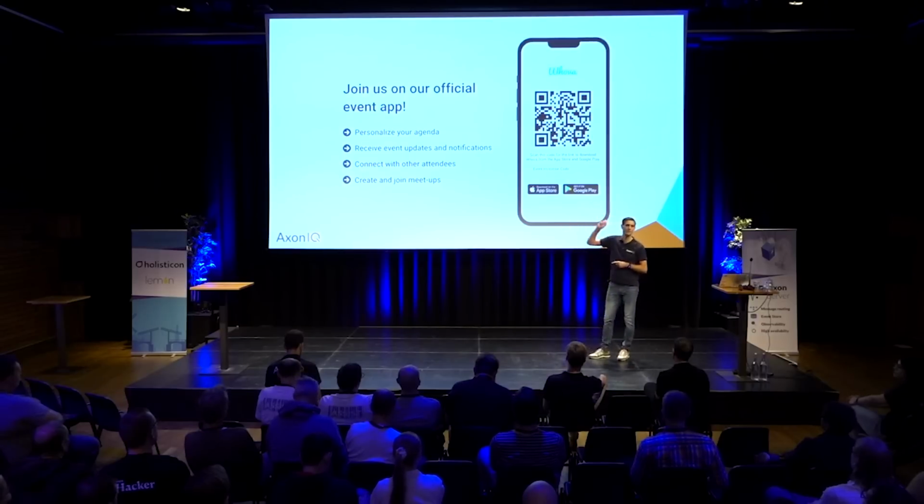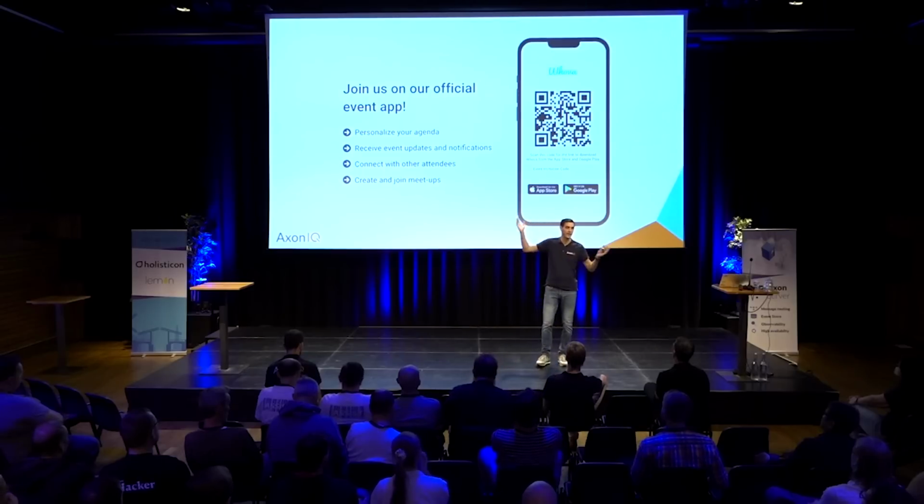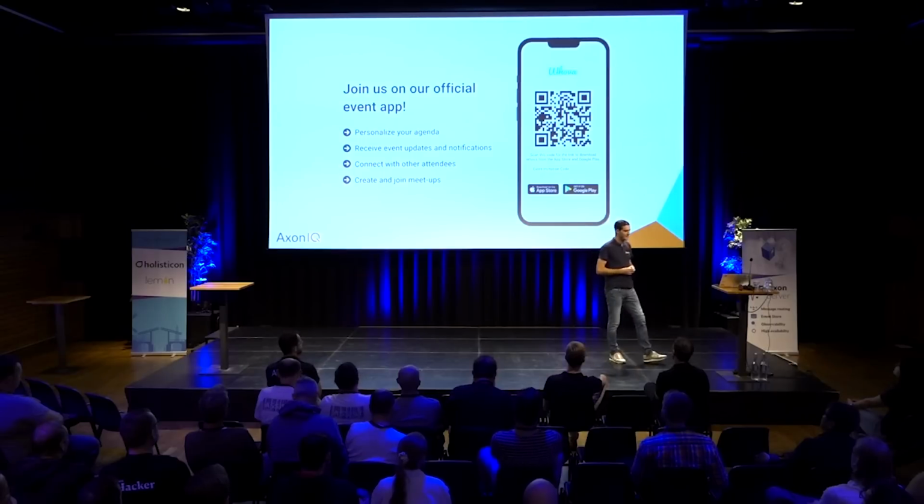You can use the QR code to find it. And you can just log in using the email address that you used to sign up to the conference, and then you'll get access to all the information about the conference. There's an added bonus, if you will.